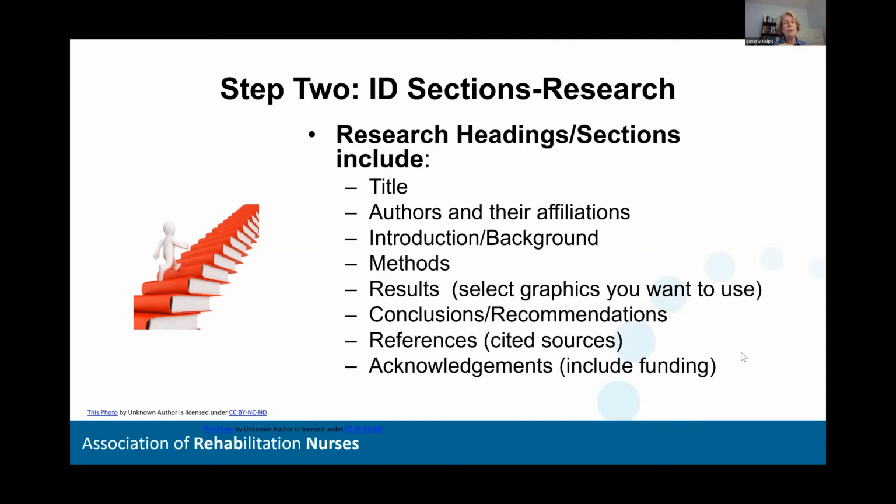Those need to be included. If you had a theoretical framework, it needs to at least be acknowledged. And then, of course, the significance to healthcare and to advancing the science is typically in that section. So again, it seems like a lot of information, and that's why getting the key information is so important.